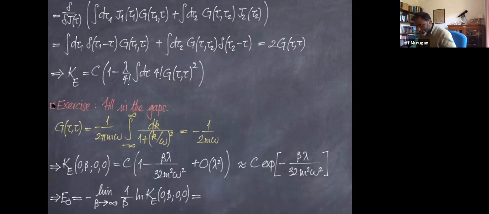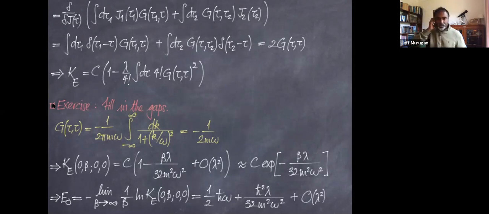But this just gives me then the final expression that I want out of this, which is, and I'm going to reinsert factors of ħ as well, a half ħω plus ħ²λ over 32 m²ω², plus terms that will enter like λ², etc.